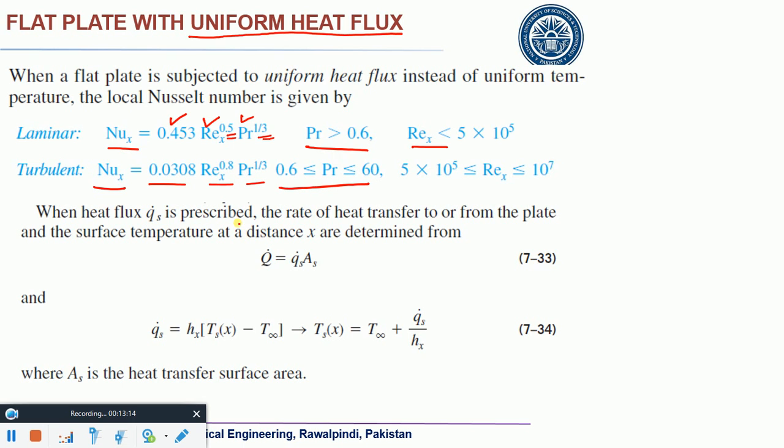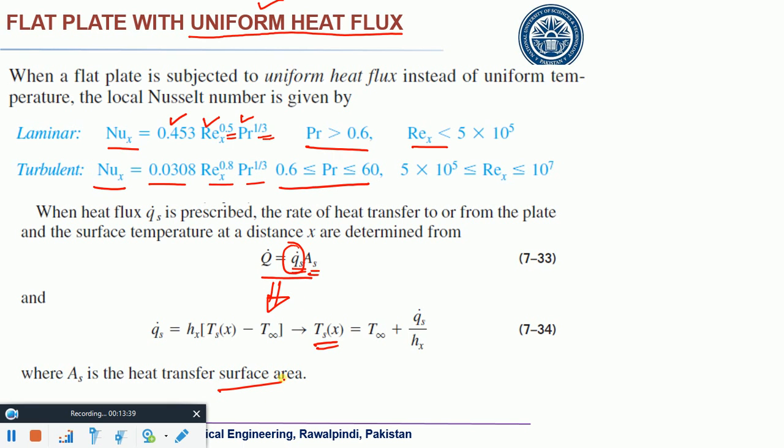So any question? You can find out this q dot, the total heat transfer rate, by multiplying this q dot s into As. Now q dot s would be known to you because you have a uniform heat flux on the surface. Okay, so you can find out Ts from this relationship then.